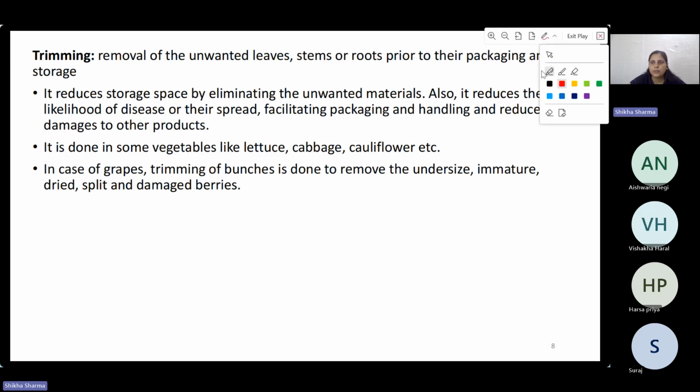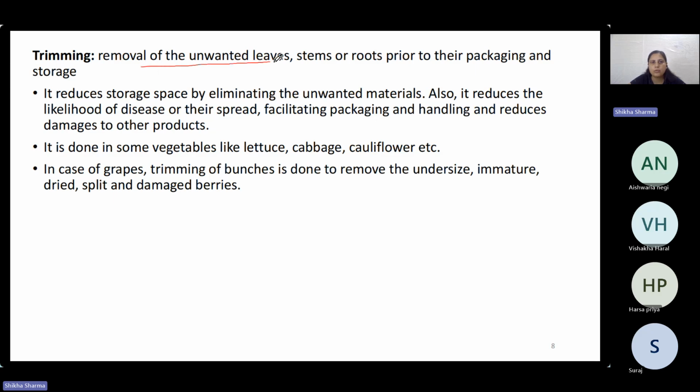Basically, we discussed trimming. Trimming is basically removing the unwanted leaves, stems, or roots prior to packaging and storage. So it includes removing all these unwanted parts of the fruit or vegetable, like the leaves, stems, or roots. Why do we do trimming?